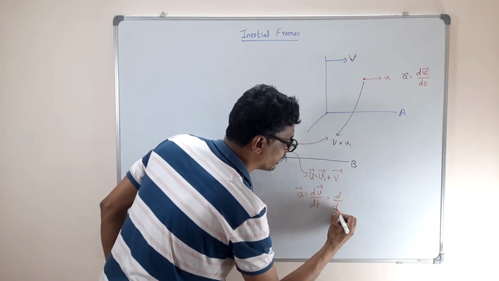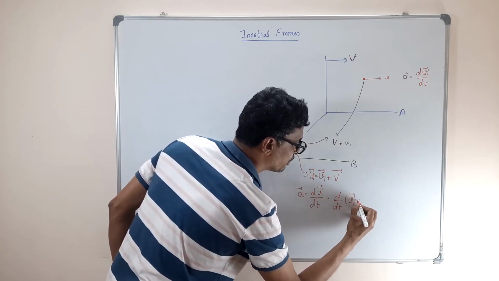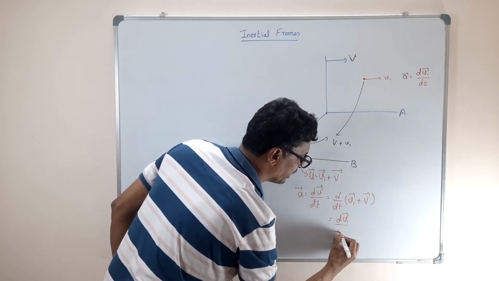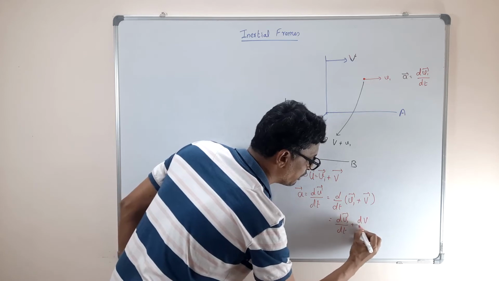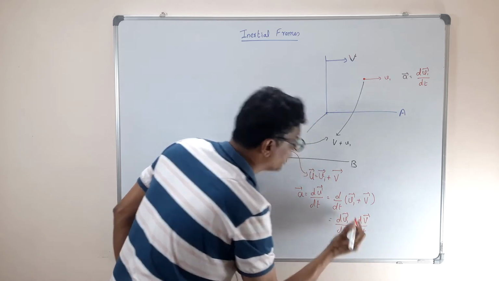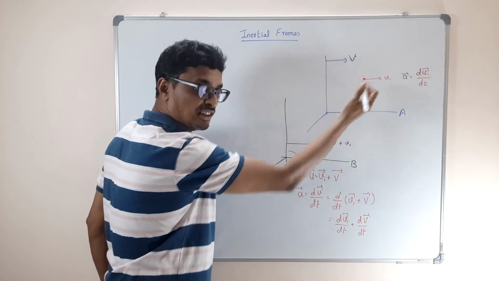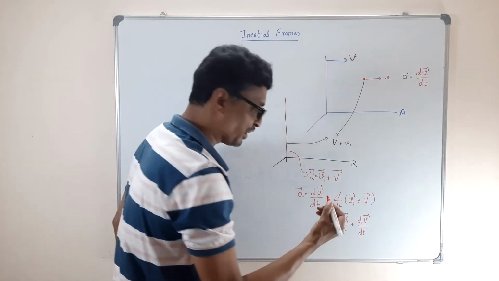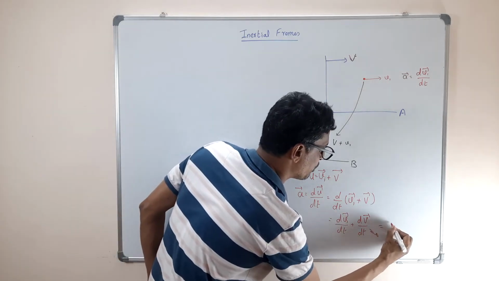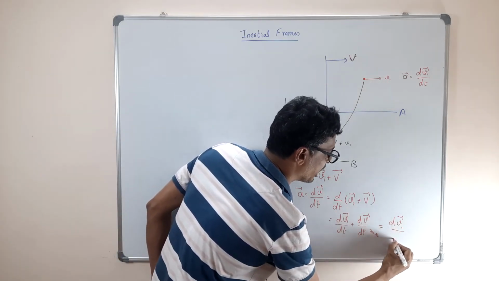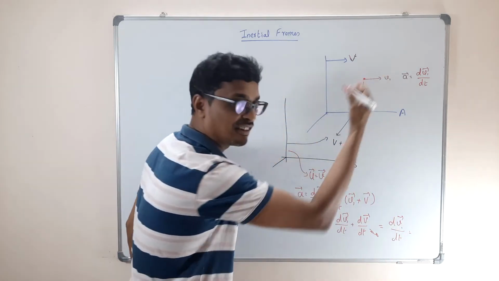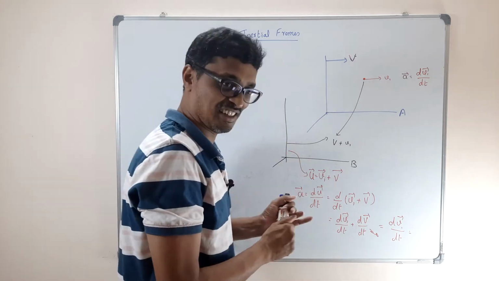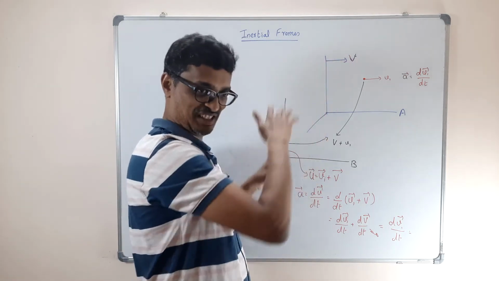So d by dt of v1 plus v is equal to dv1 by dt plus dv by dt. Now this frame is moving at a constant velocity, so the derivative of a constant is 0. So this goes to 0, and this will be dv1 by dt. Isn't it the same acceleration as that person's? So the acceleration is not going to change.